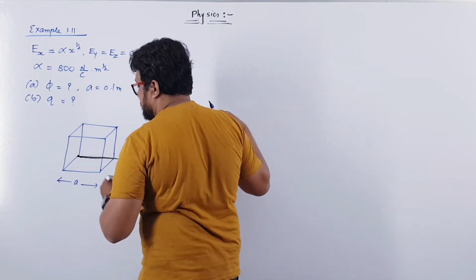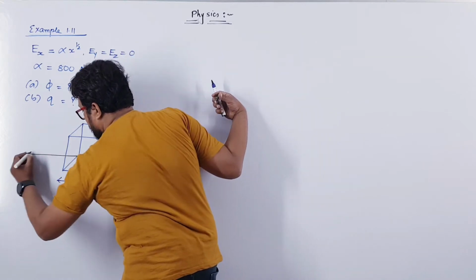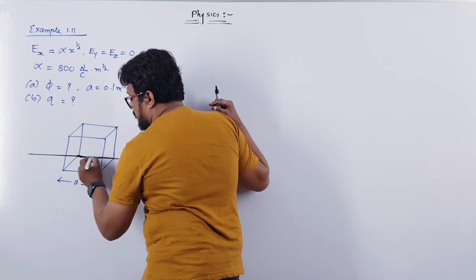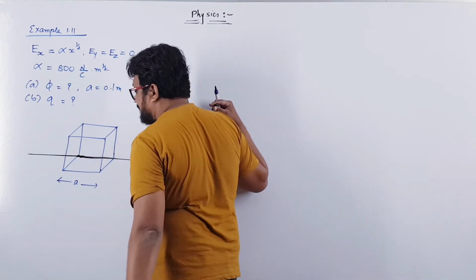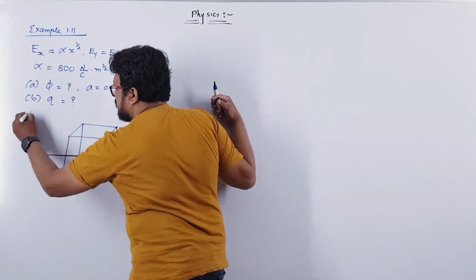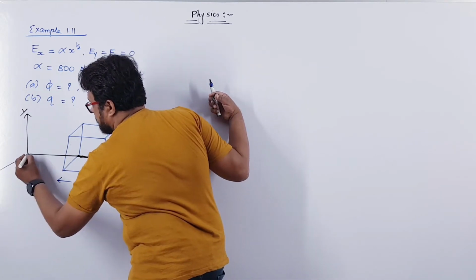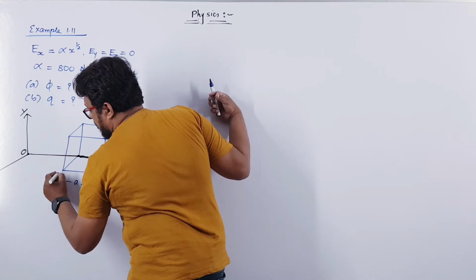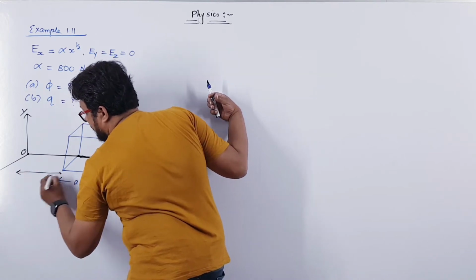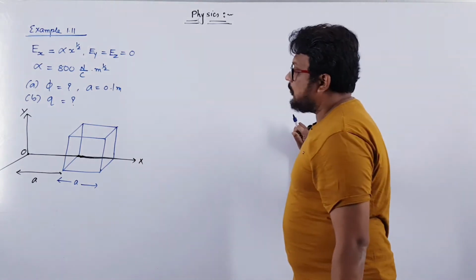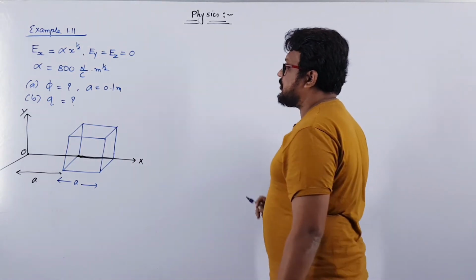This is the x-axis, let us say. So it is kept in such a way that one of its sides is along the x-axis. Right? Let us say this is the y-axis, and here we have the z-axis. This point is origin O. Cube is at a distance A from point O. We have to find the net flux through the cube.